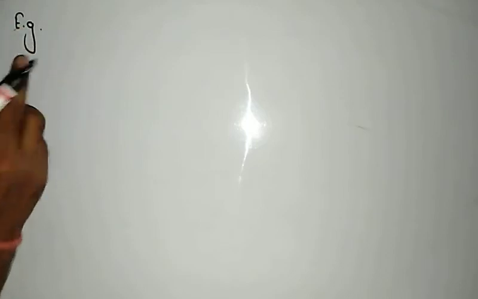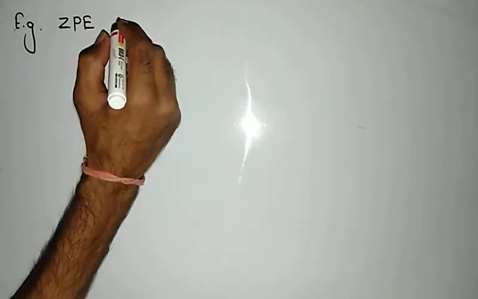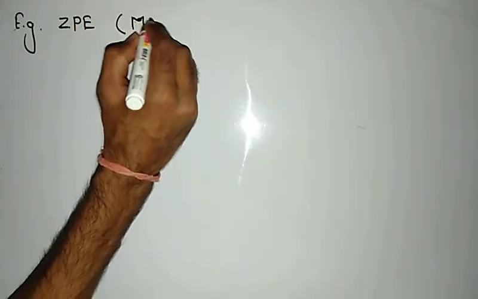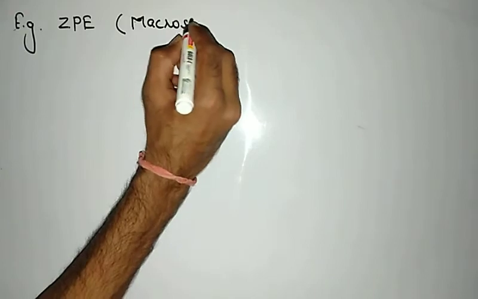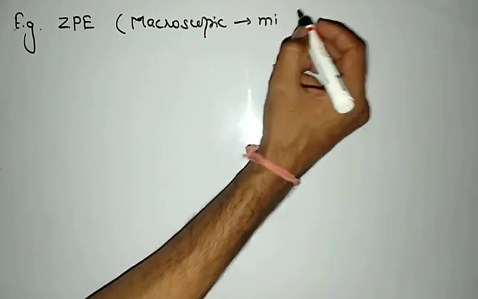Now let us see with the help of an example what we want to see. We want to see the variation in zero point energy when we go from the microscopic world to the macroscopic.